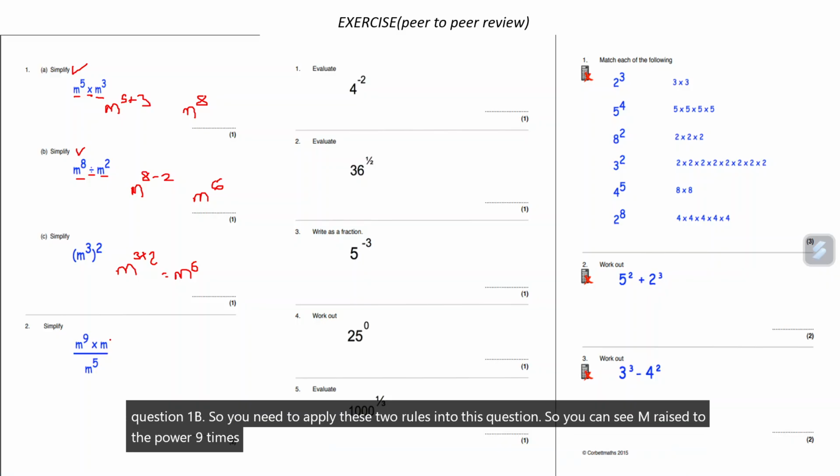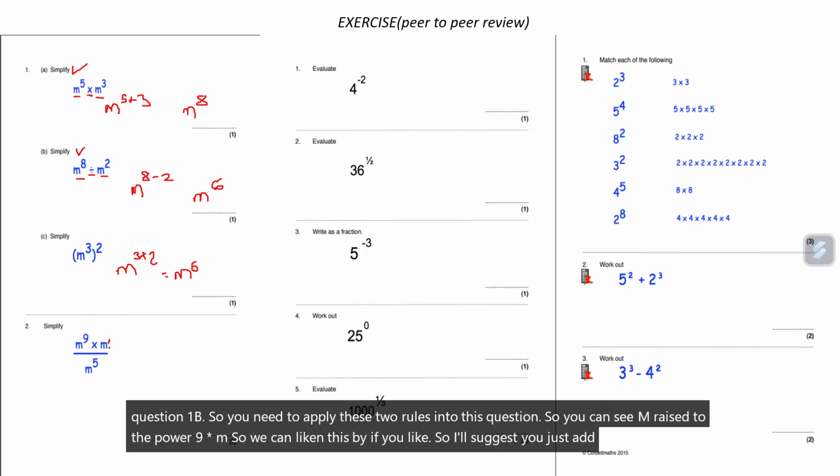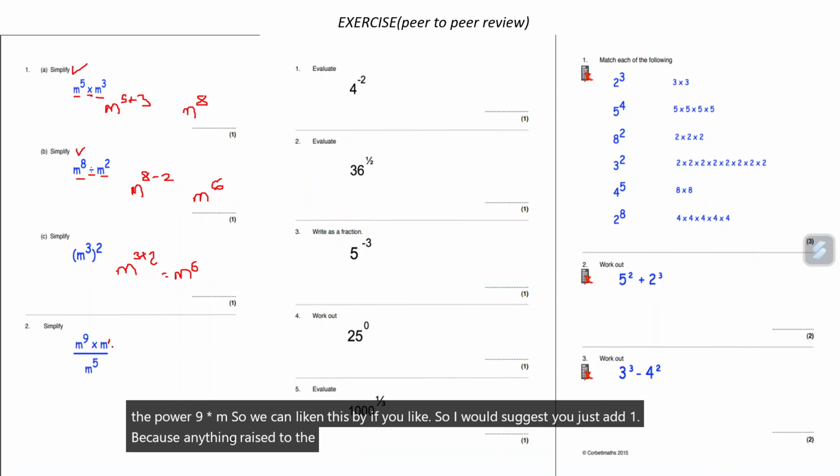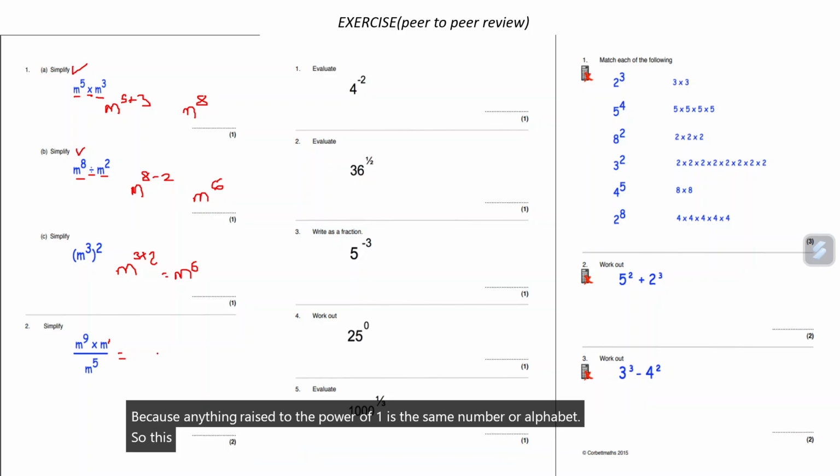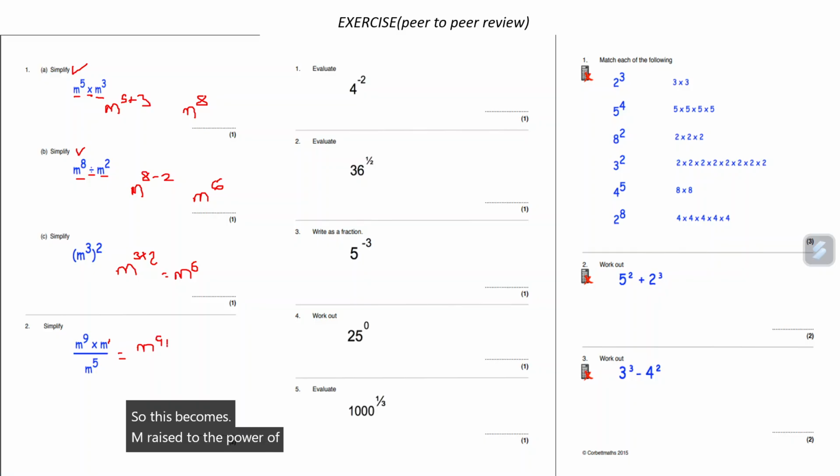So we can liken this, I would suggest you just add 1, because anything raised to the power of 1 is the same number or alphabet. So this becomes m raised to the power of 9 plus 1, divided by m raised to the power of 5.